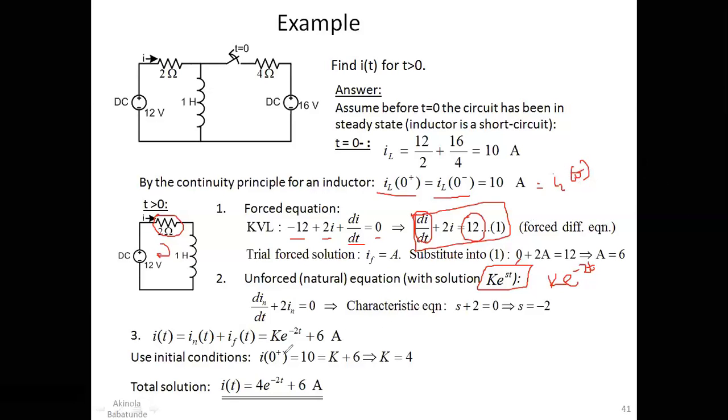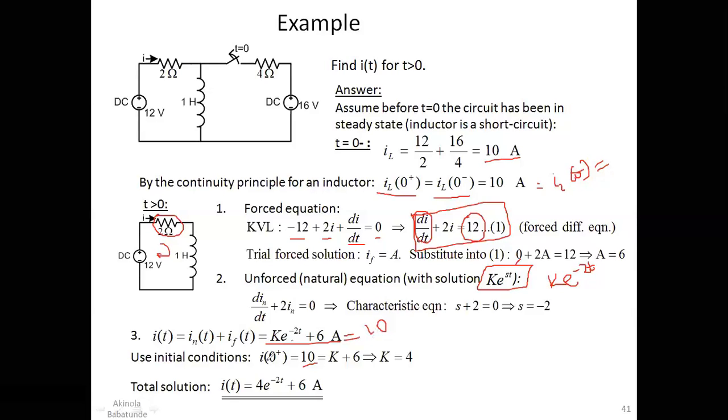If you say let t be equal to 0, that means this is I of 0, and that would be equal to 10. That's what we calculated here. So that would mean that I(0+) would be equal to 10, and you equate everything here to 10.